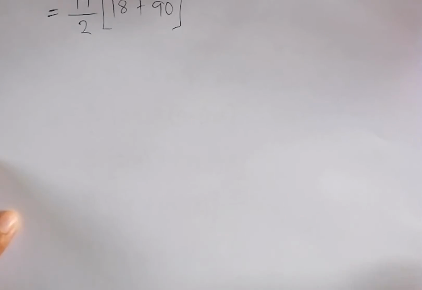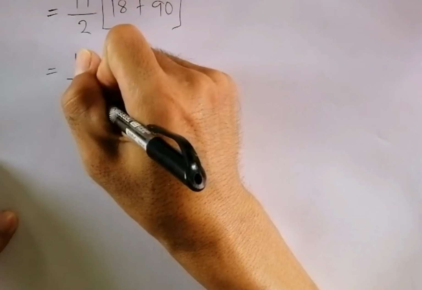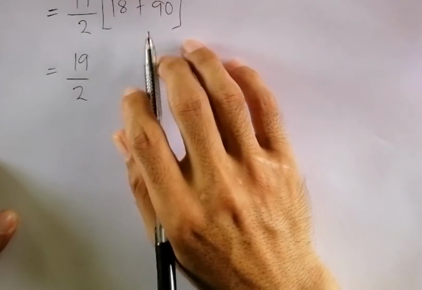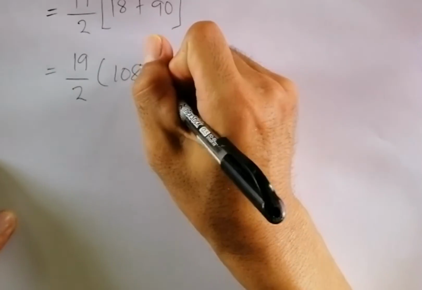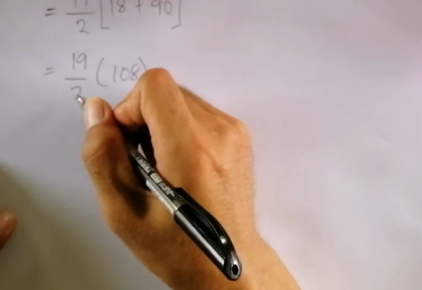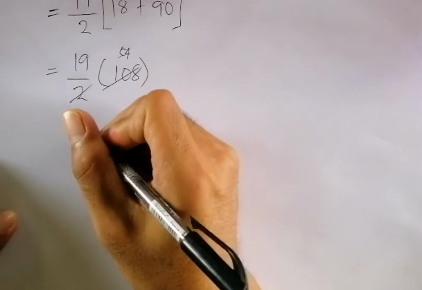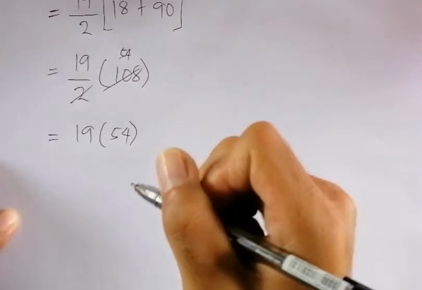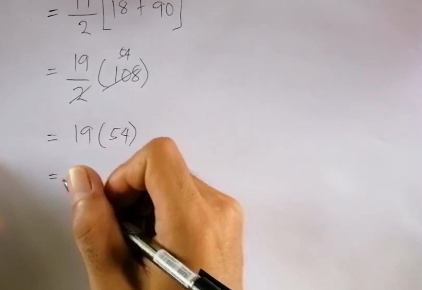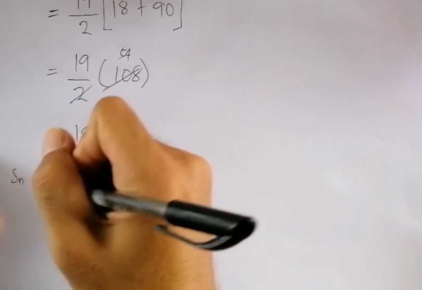Then we have 19 over 2 times 18 plus 90, that is equal to 108, and dividing 108 by 2 is 54. So 19 times 54 is equal to 1026.